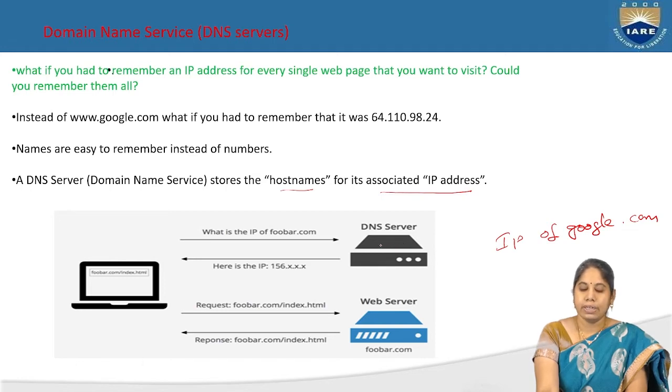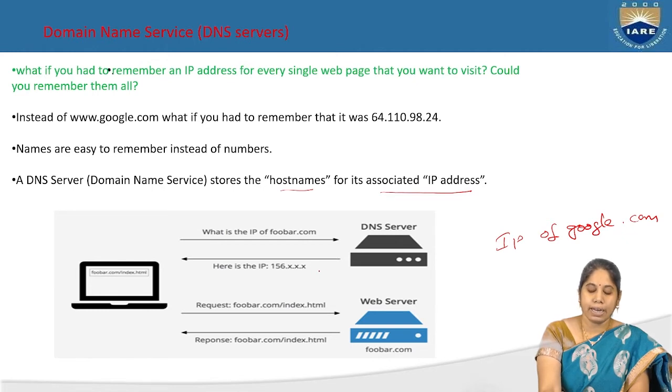It stores all the host names associated with the IP addresses. The DNS server finds the particular IP address and sends it back to the machine, back to the person.